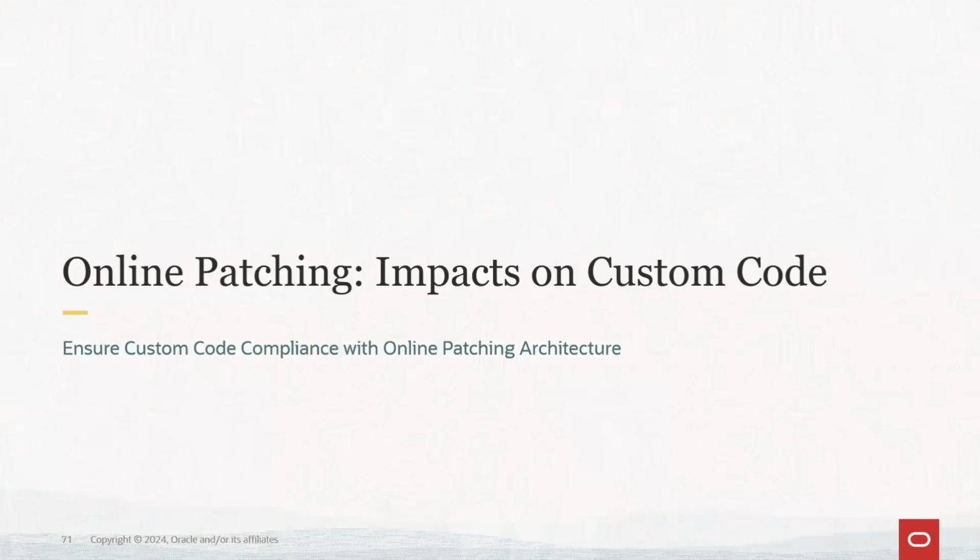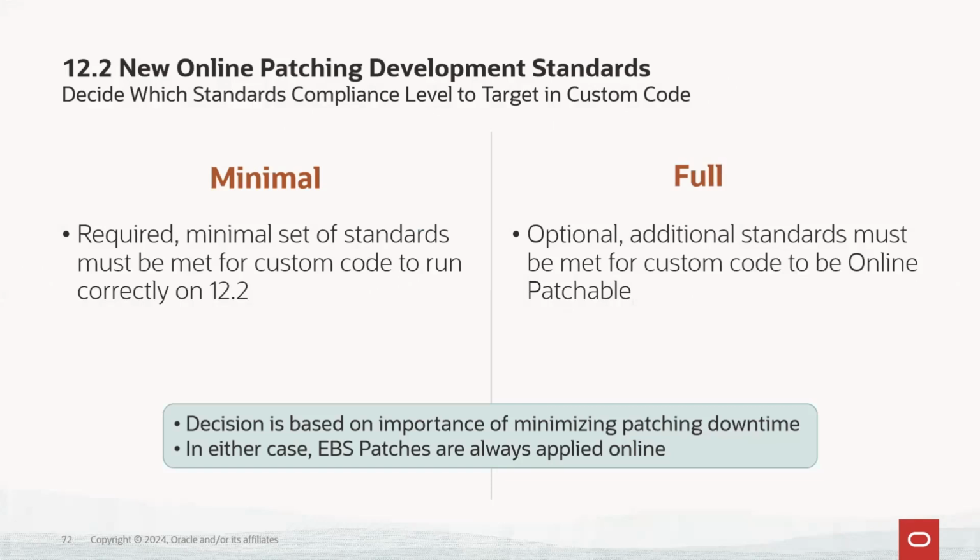Now, you can imagine that those changes to online patching architecture do have impacts on your custom code. You will need to ensure that your custom code complies with the new online patching architecture. Fortunately, there are two distinct standards compliance levels that you can choose from.